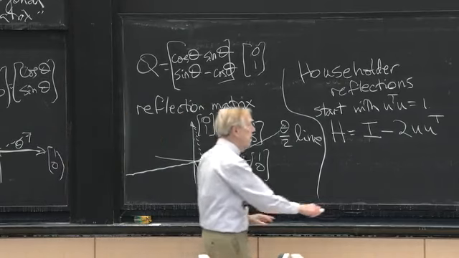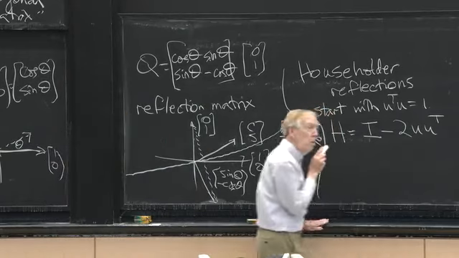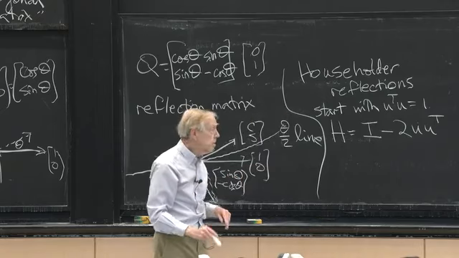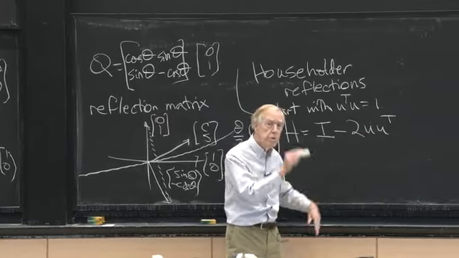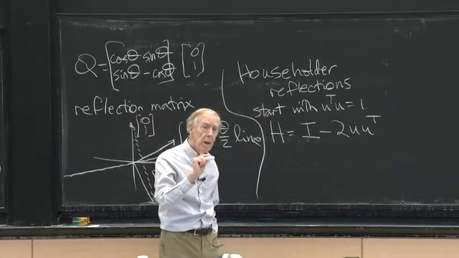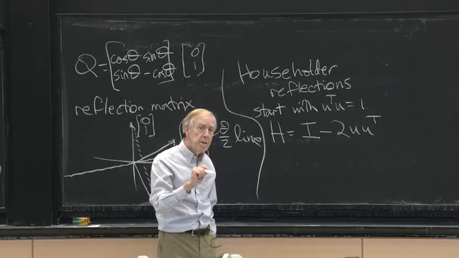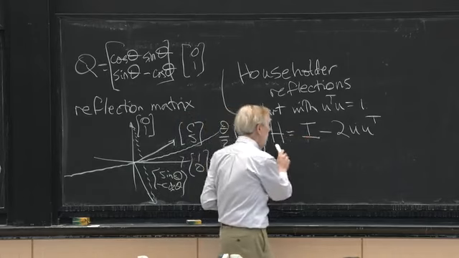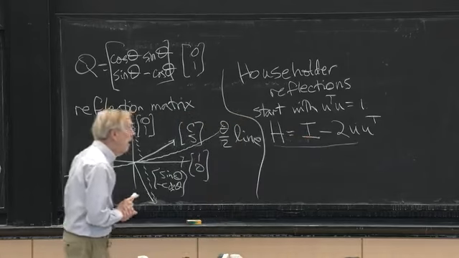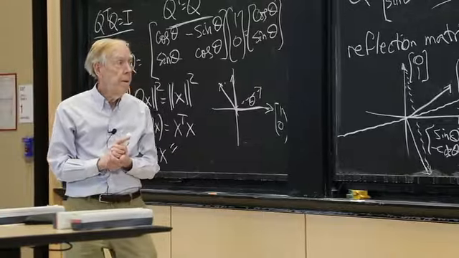You recognize here a column times a row. So that's a matrix. And what could you tell me about that matrix? What can we say about H?